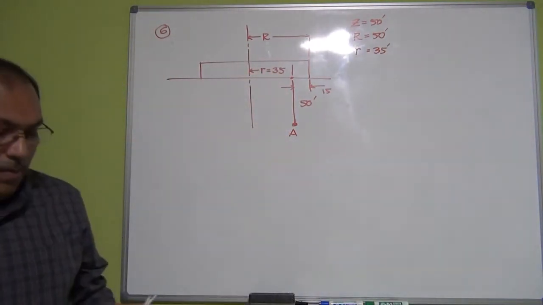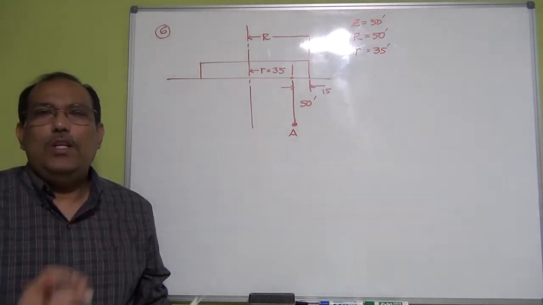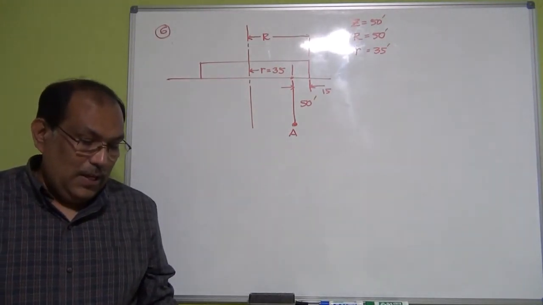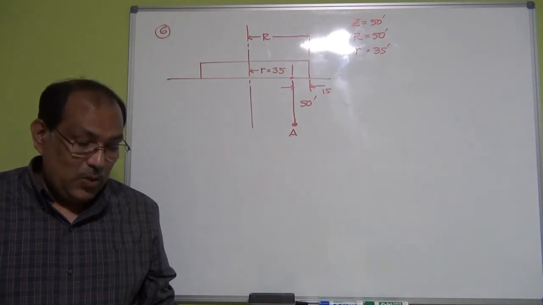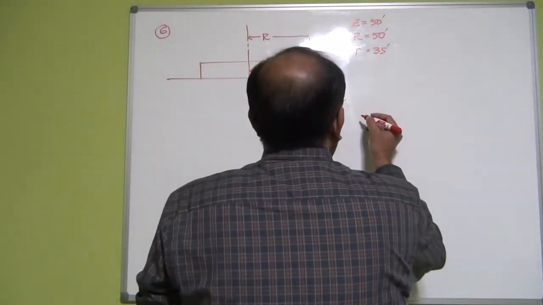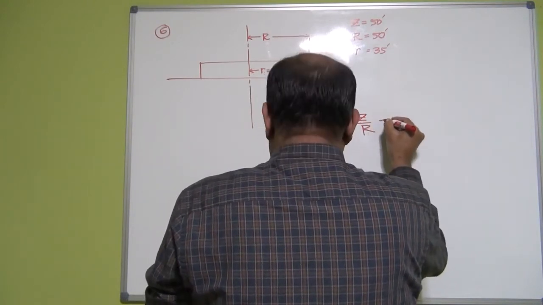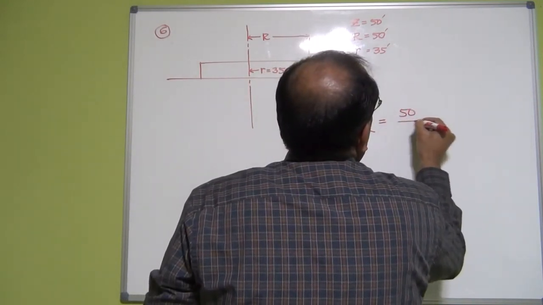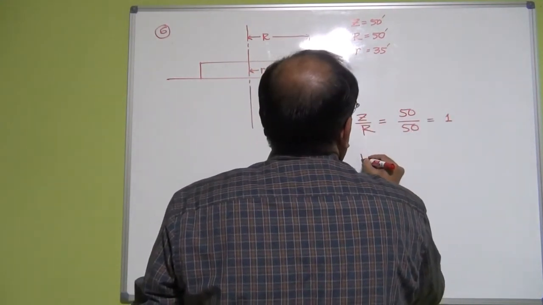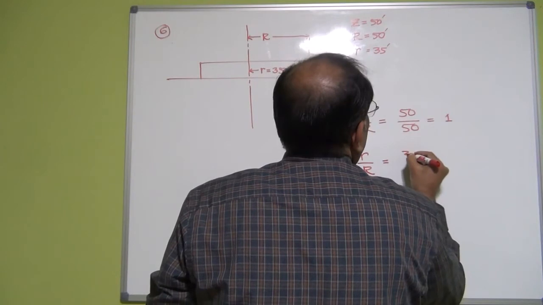To do this type of problem, you will see figure 10.22 in your book, where you can see what all those R, lowercase r, and z are. Now you can see that you need two things. First of all, your z by R, which is basically 50 divided by 50 equal to 1, and then your lowercase r by uppercase R, which is 35 by 50.